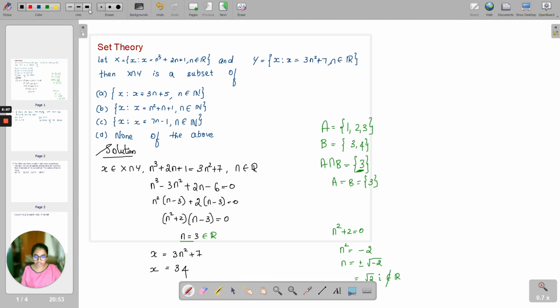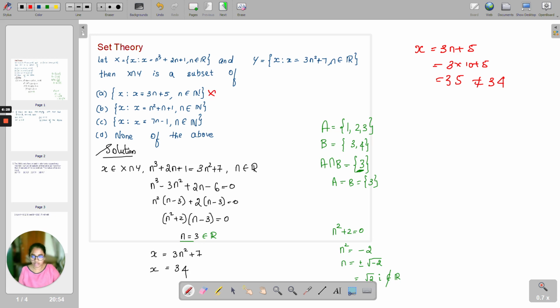For the first one, x is equal to 3n plus 5. What if I give the value of n as 10? I would get 3 into 10 plus 5, that is 35. This is not equal to 34, right? So A is not the answer.